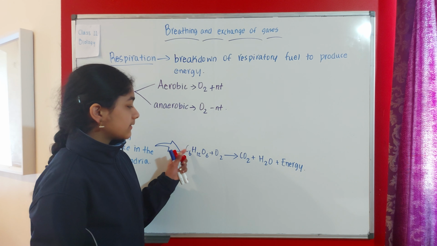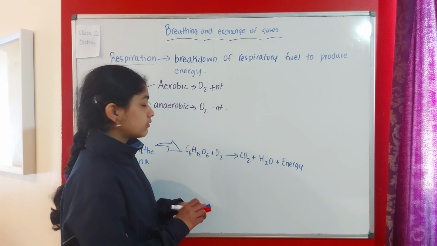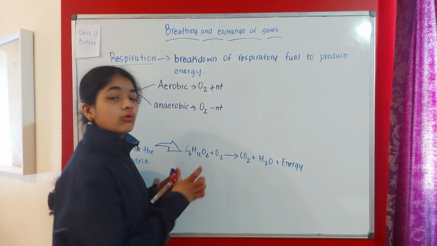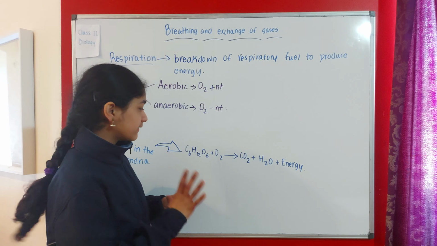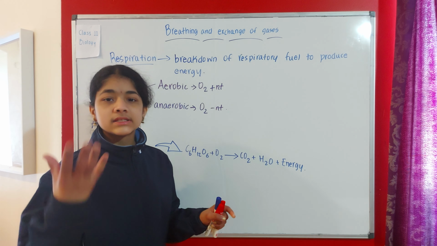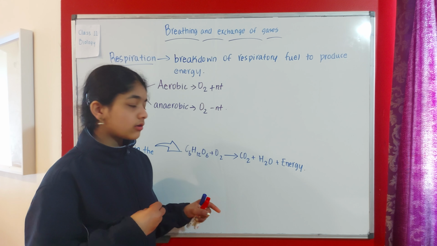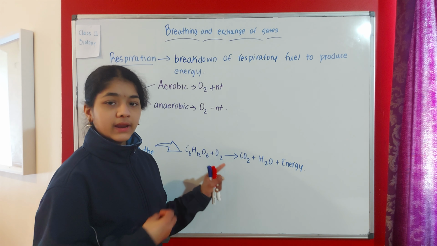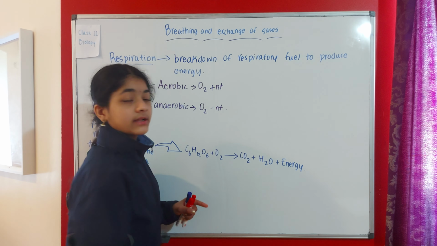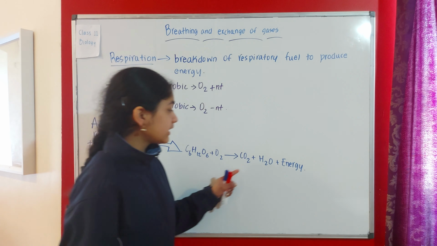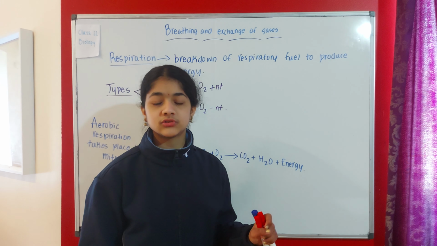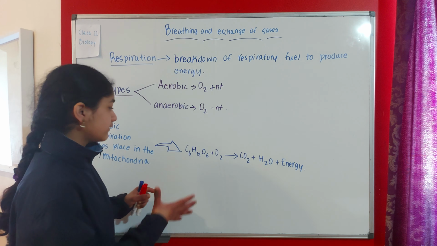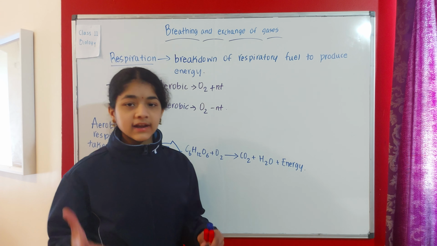There is nothing hard to remember here, just glucose. Glucose is in the form of food, so we take in food. Oxygen, we inhale, so we breathe in oxygen. The breakdown gives carbon dioxide, so we exhale carbon dioxide. Water is also given as a byproduct, and energy. Why are we eating food? We are eating food to get energy.